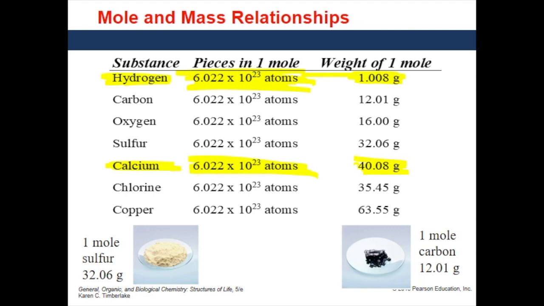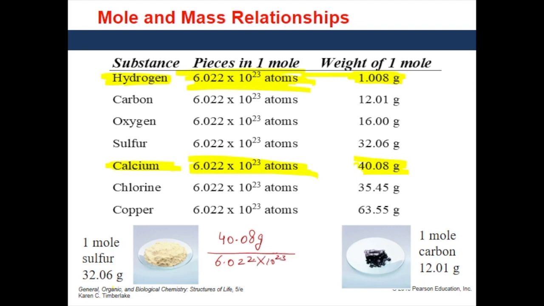One atom of calcium would essentially weigh 40.08 grams over 6.022 times 10 raised to the power 23.